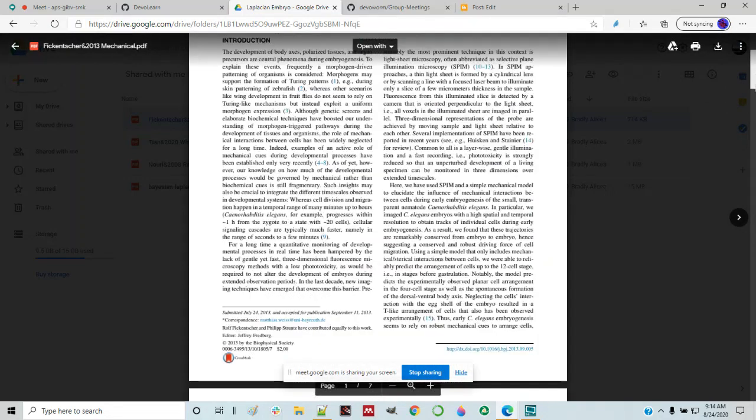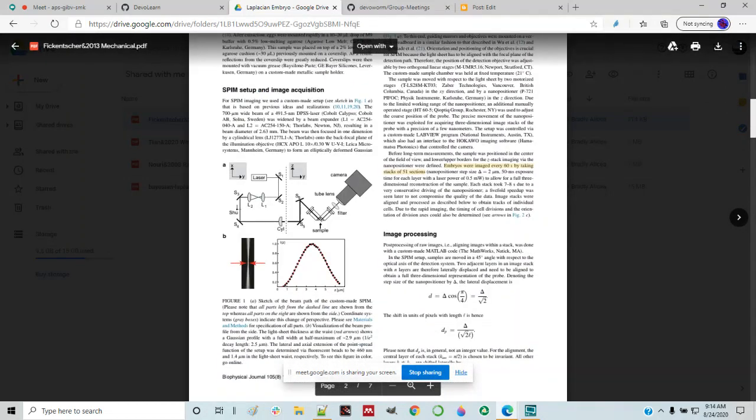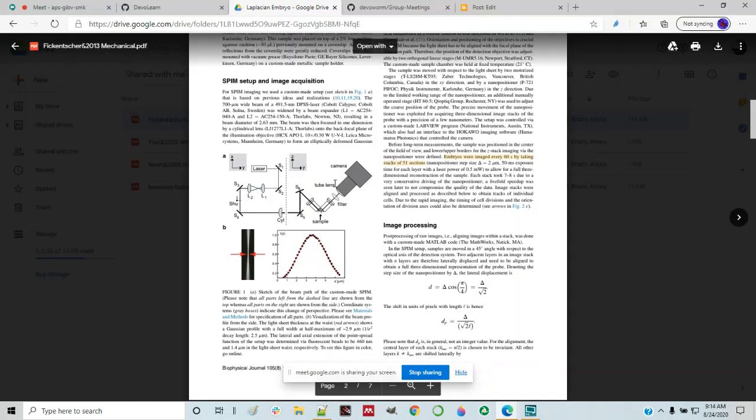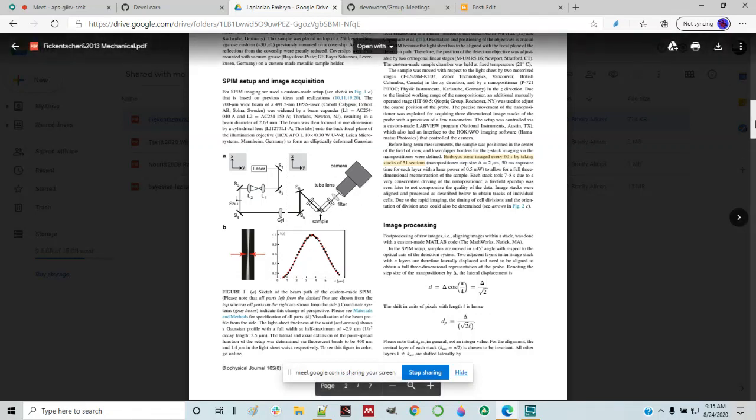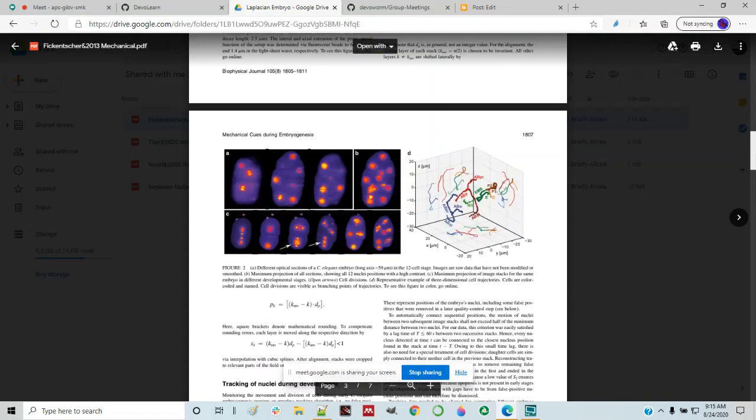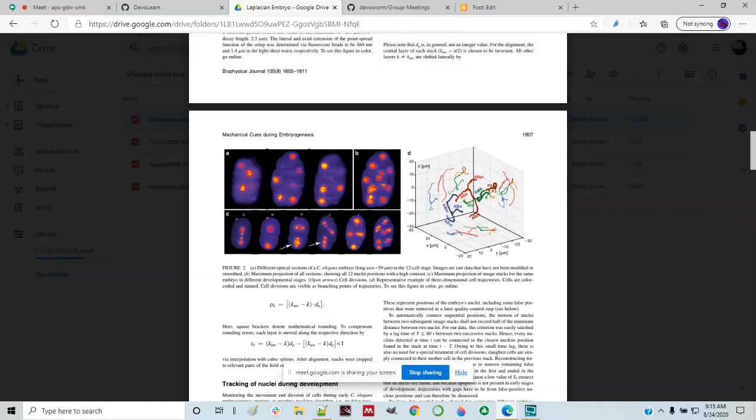Let's see if they have any images in it. So this is the setup here. They're doing this custom-made SPIM image acquisition. There's image processing, and then these are the different sections of C. elegans that they have.